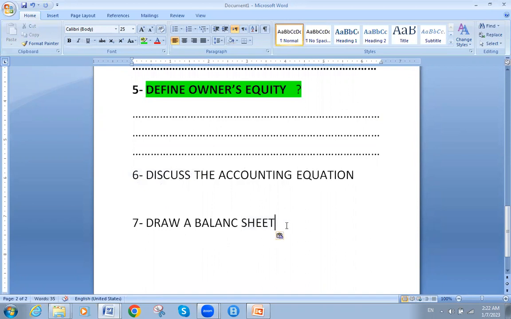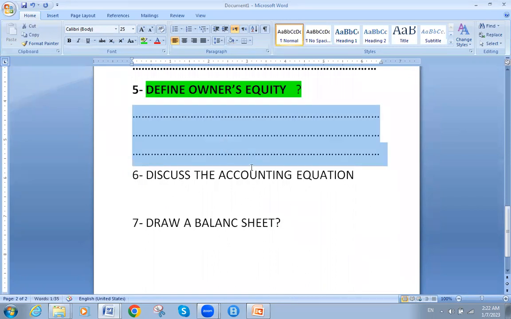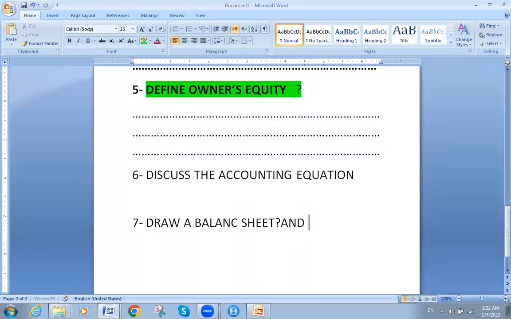What are the components of the balance sheet? And refer to its content.